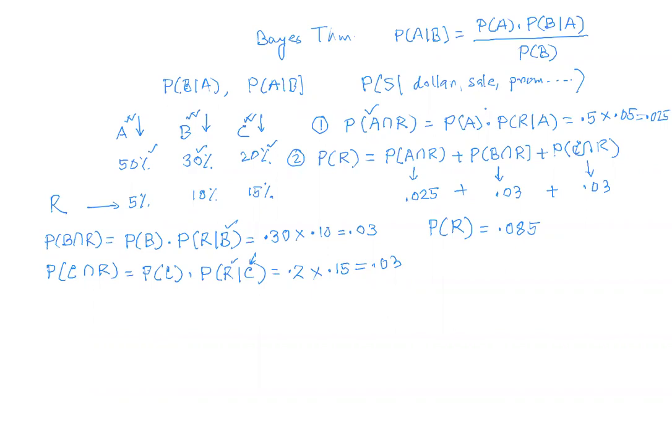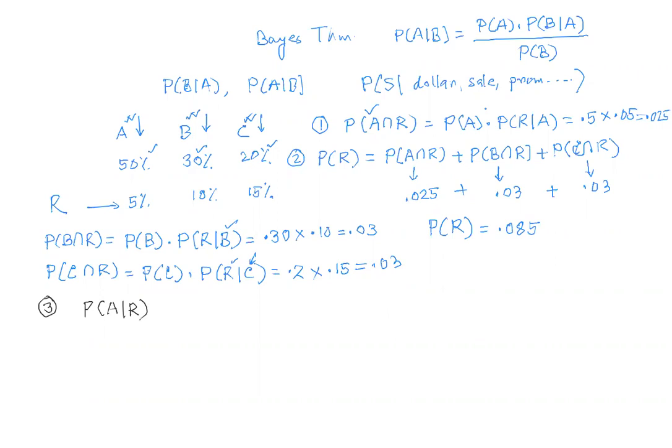Now, let's go ahead and find the conditional probabilities. So what are the chances that the person is going to stay at hotel A given that there was a reservation problem? That's part 3. So let's use a different color. So part 3, what is the probability that the person is going to stay at hotel A given that there is a problem with reservation?